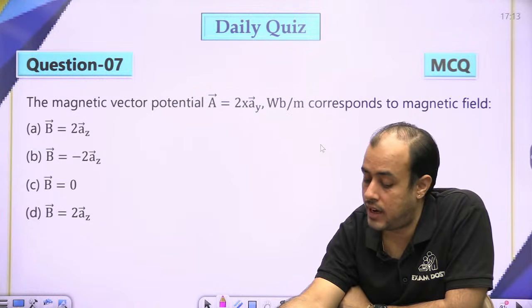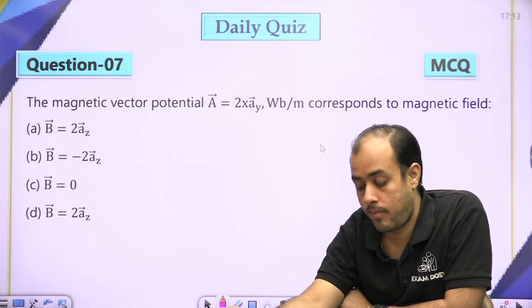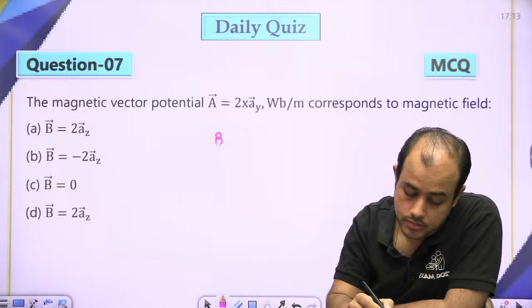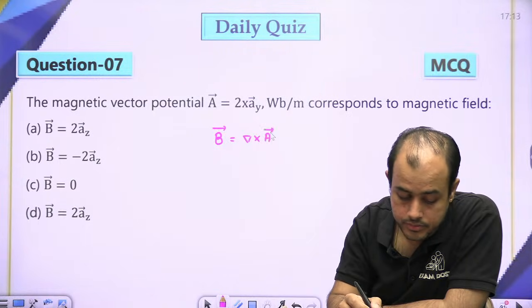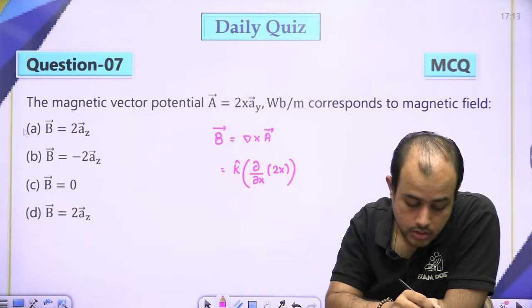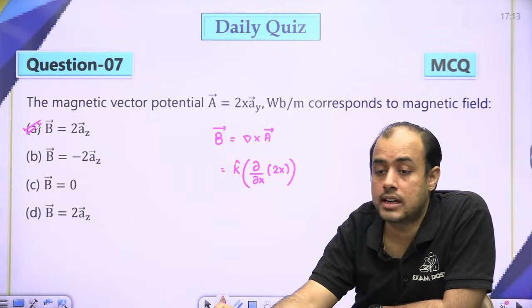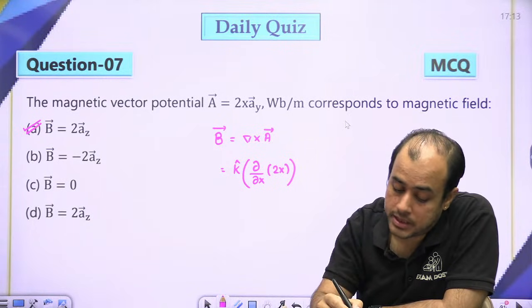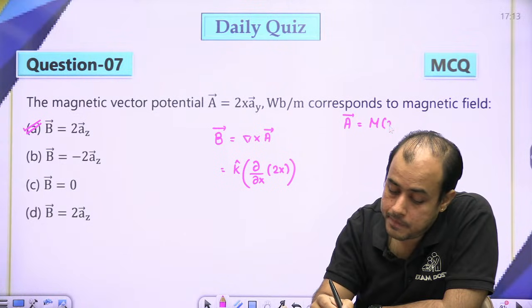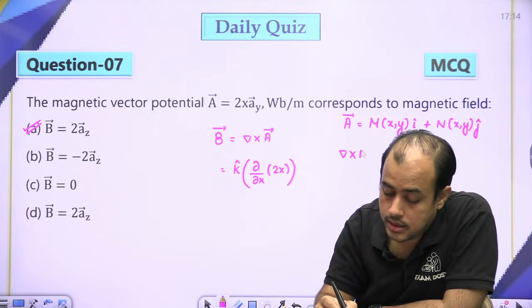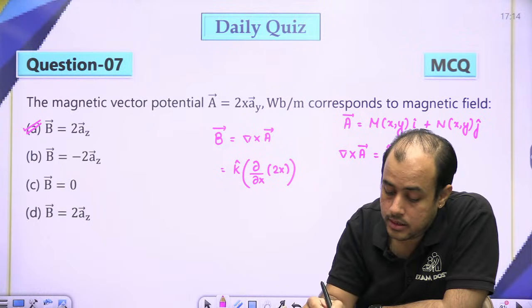If I give you the vector potential, find me the flux density. चलिए. आंसर विल बी ए. ठीक है, मैंने वही शॉर्टकट लगाया जो कर्ल का मैंने आपको बताया था ना, कि इफ द फील्ड कंटेन्स ओनली एक्स एंड वाई कंपोनेंट, मतलब इफ अ वेक्टर फील्ड इज सच दैट, देखो M(x,y) i plus N(x,y) j, देन कर्ल विल बी k cap dN by dx.